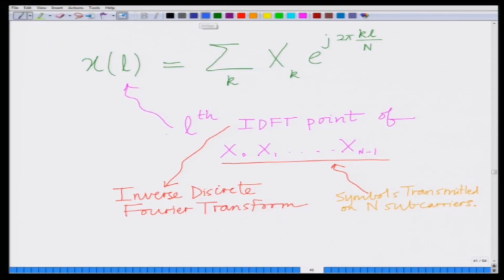This is precisely one of the key principles behind OFDM. I look at the symbols X0, X1 up to X n minus 1 which correspond to the n subcarriers.